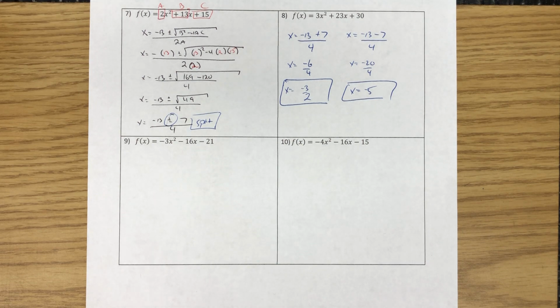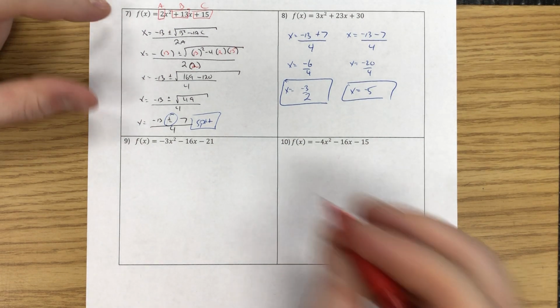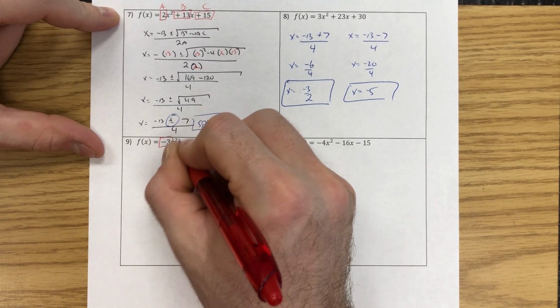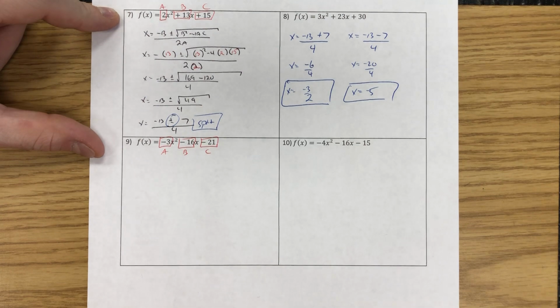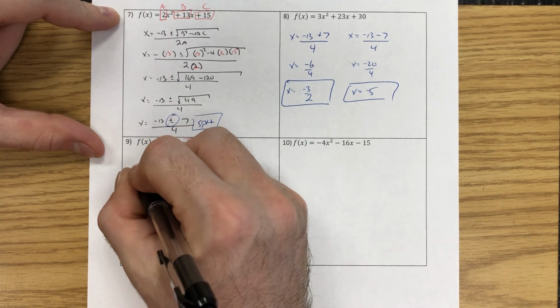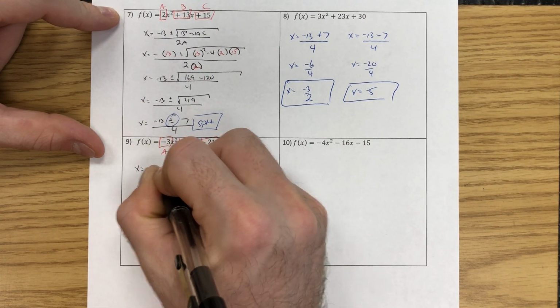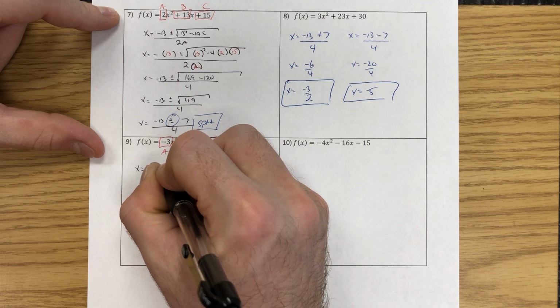And so if you follow that same logic on number 9, let's go ahead and knock number 9 out real quick as well. Like I said, all we're doing right here is practicing plugging in our values, practicing the arithmetic involved in reducing this.